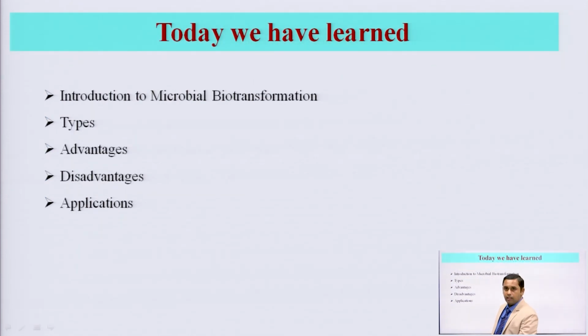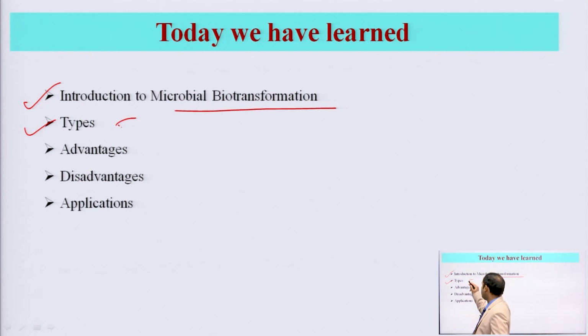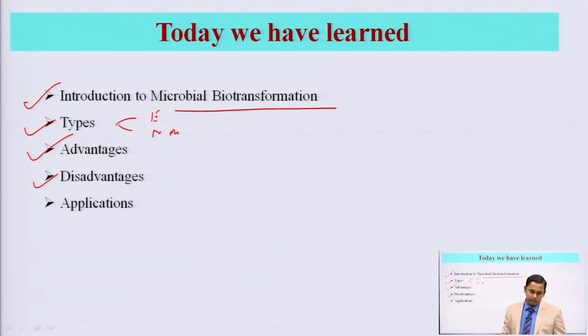So, ultimately I am at the end of my lecture. I hope all of you have enjoyed the entire lecture, and today we have learned about the introduction of microbial biotransformation. You have seen the various types, that is two types, enzymatic and non-enzymatic. You have seen the advantages, you also have seen the disadvantages, and then at the end I have shown you a few of the applications.